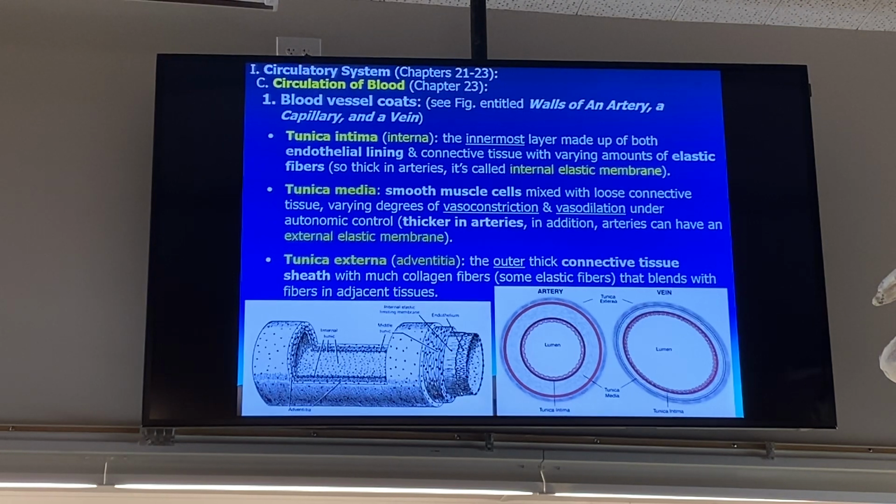Adventitia, these are not synonyms. Tunica intima, tunica interna, same thing. These are not synonyms. Adventitia is a generic term for whenever collagen forms a border of an internal structure. Whenever a collagen layer separates a structure from other things inside your body, it's called adventitia.